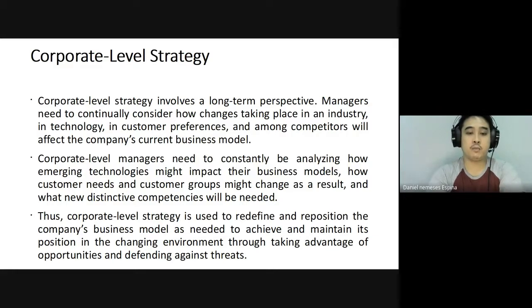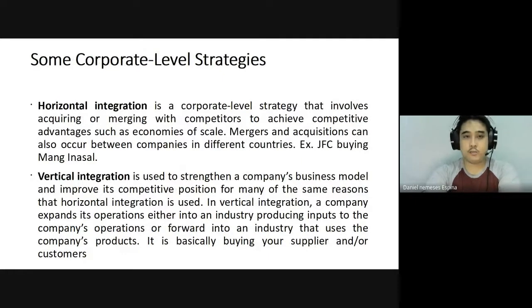So flexible ang business model in the changing environment. So these are some of the corporate level strategies that a company can pursue or implement.